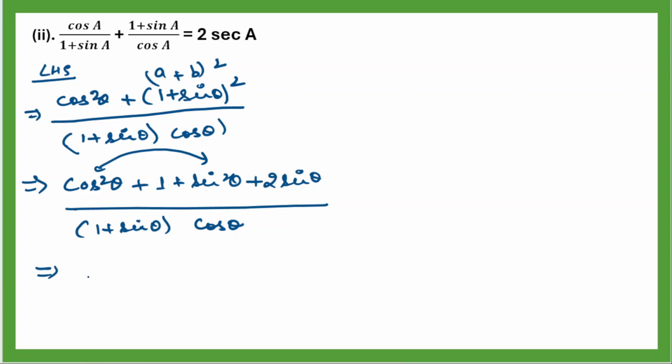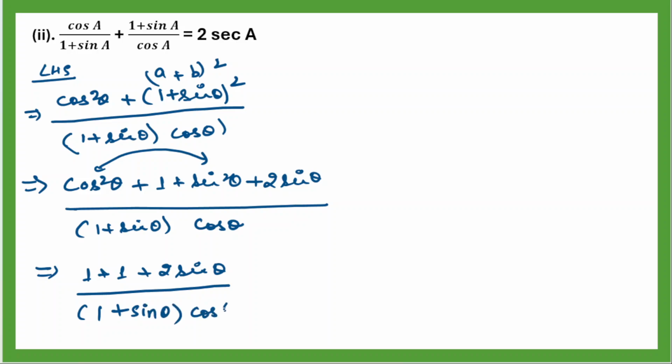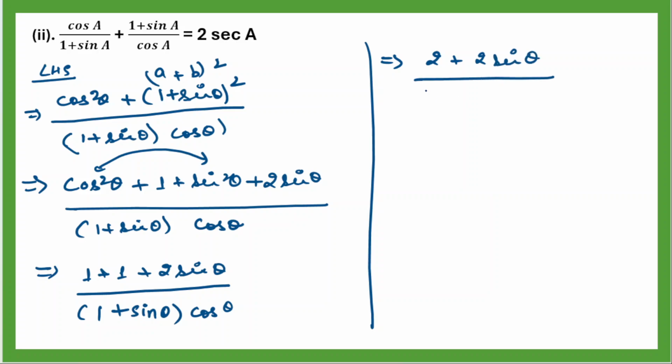And so you can write 1 plus this 1 plus 2 sin theta divided by (1 plus sin theta) into cos theta. Now you can write it as 2 plus 2 sin theta divided by (1 plus sin theta) into cos theta.